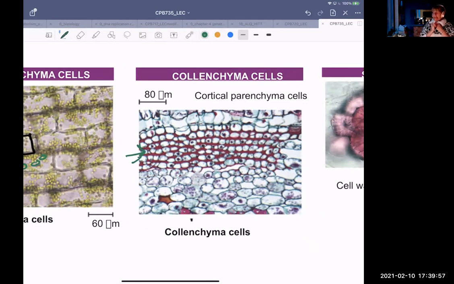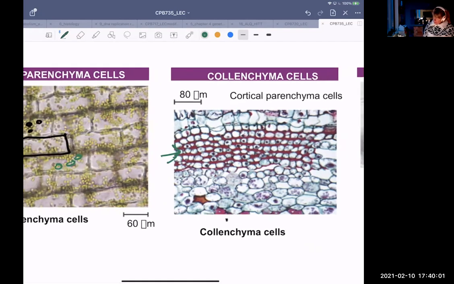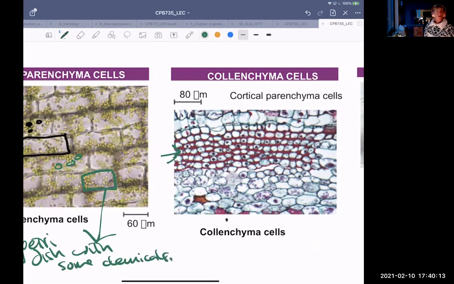So for parenchyma cells, if you were to take one parenchyma cell and put it into a petri dish with some appropriate chemicals, and grow a whole plant. So with the right environment, it can divide and differentiate into loads of different kinds of cells.